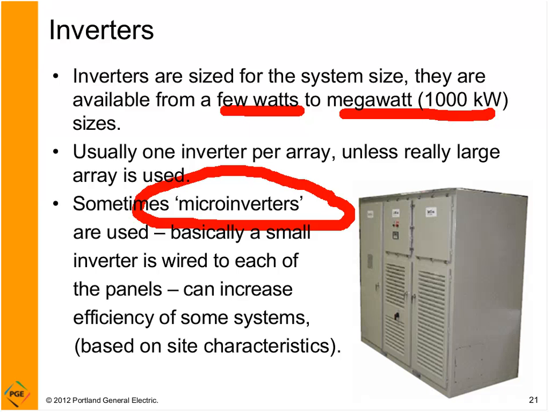One of the big reasons you would do this is when you have some shading issues on your array. So for example, if you have telephone wires and electric wires that cast a shadow on your panels, as that shadow moves across your panels during the course of the day, that can impact your output pretty significantly, particularly if you have just one big inverter. If you use microinverters, the effect of that shadow will be a lot less. So microinverters is a term you might hear about.